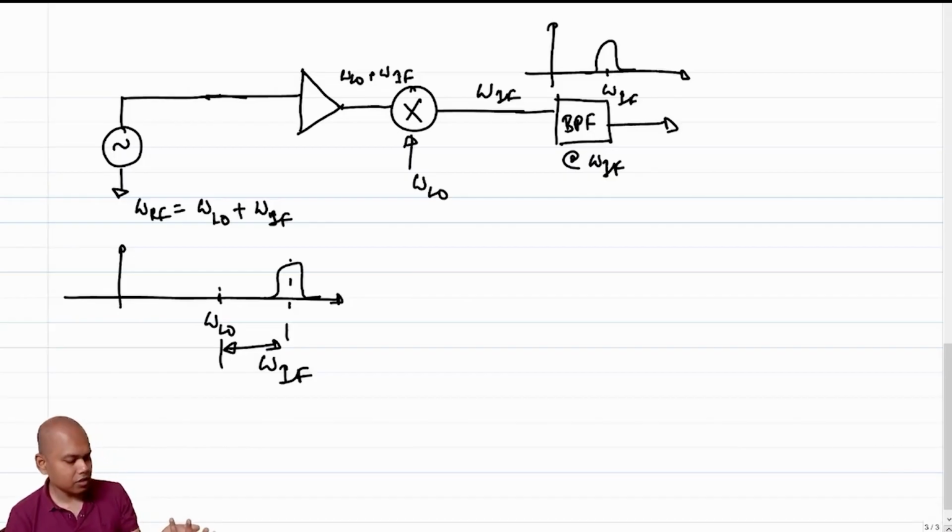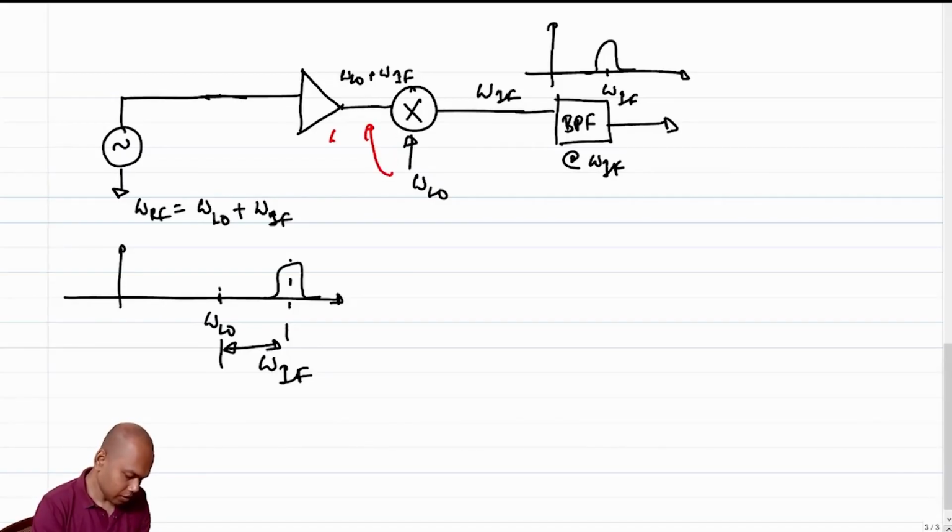Now how does this solve the issue of the LO signal coupling into the input port of the mixer? Let's see. So if there is a coupling, this is at omega LO.